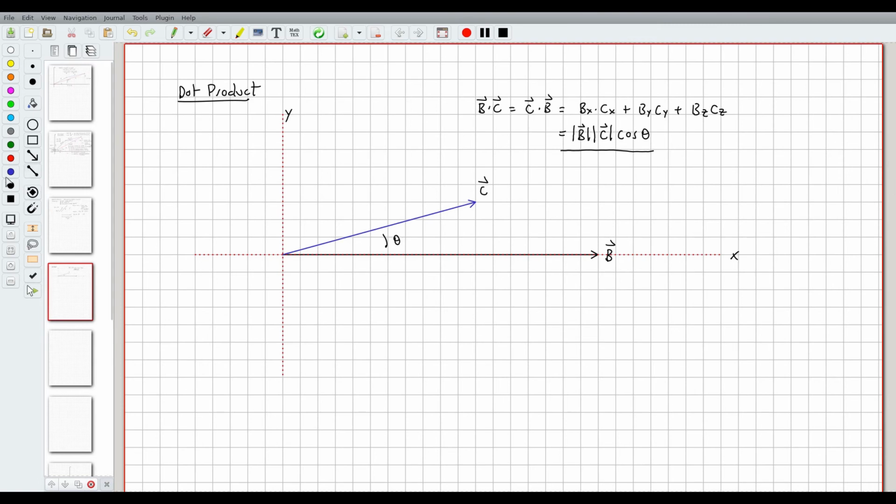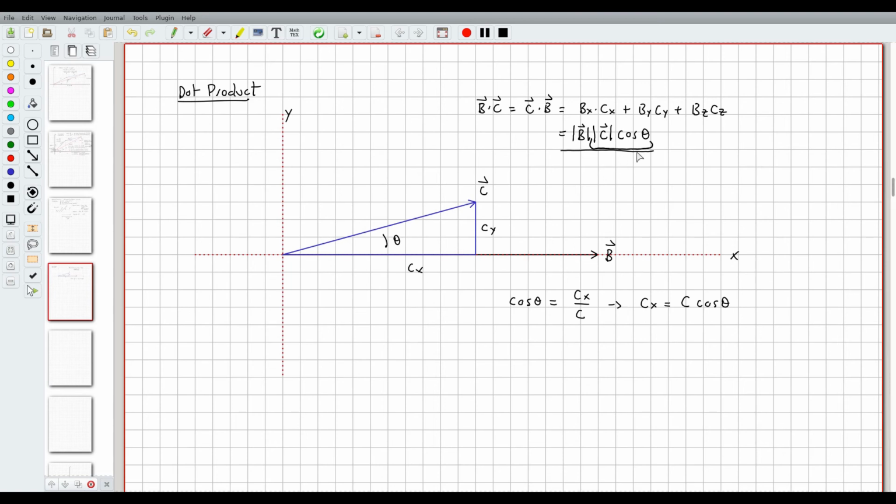So that said, those parts right there are the x and the y parts of C. And thinking about our coordinate systems and all the stuff that we've done so far, cosine is adjacent over hypotenuse, or Cx is C cosine of theta, the length of C times cosine of theta.